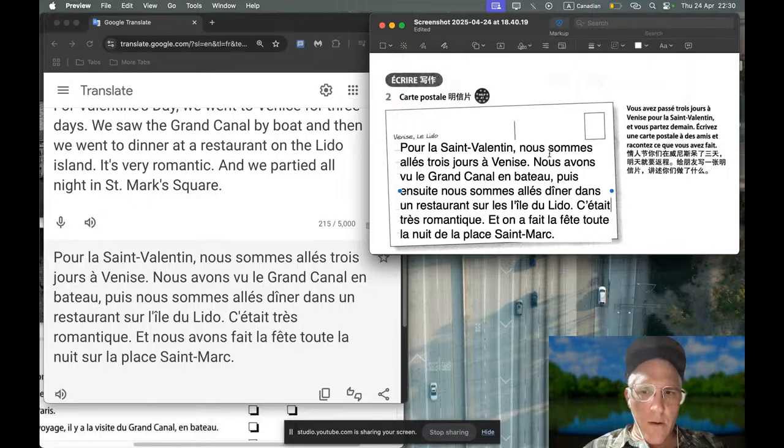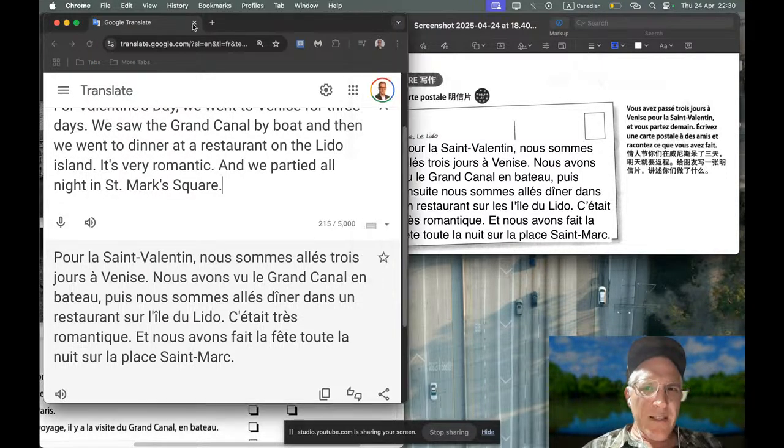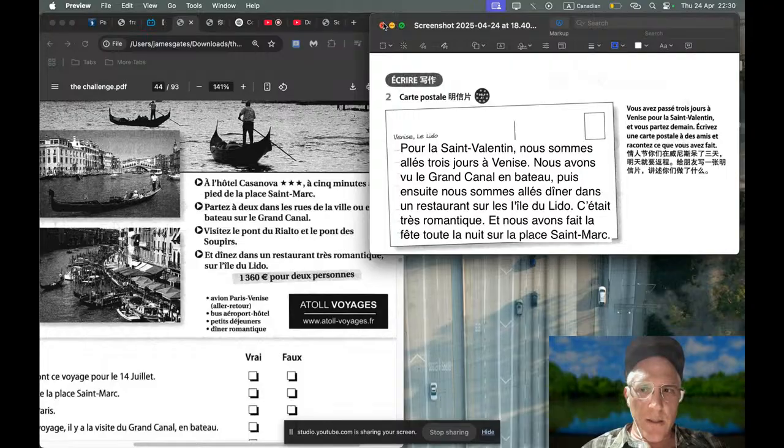Et nous avons fait la fête toute la nuit sur la place Sainte-Marc. There we go. We did it. So it's like 50-50. It's not cheating, but it's like, I mean, I think that's a good way to do it, I would say.